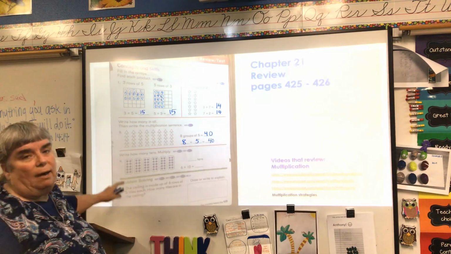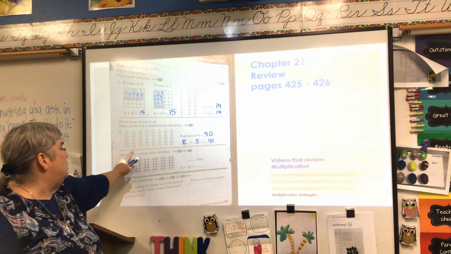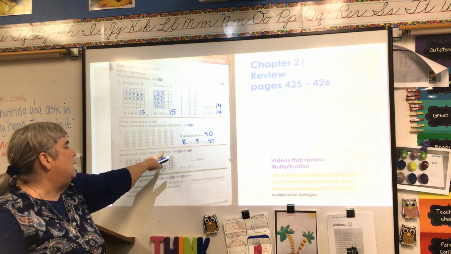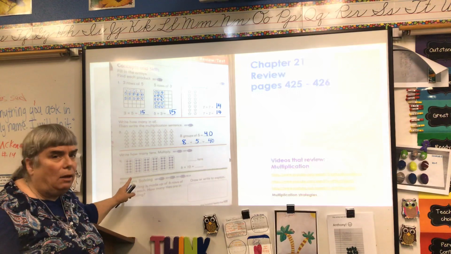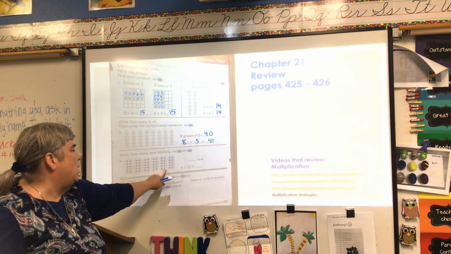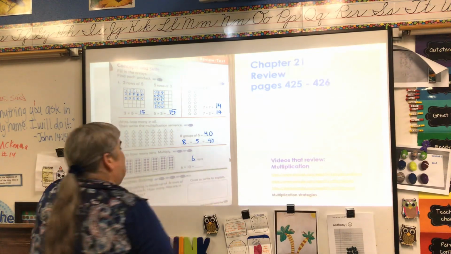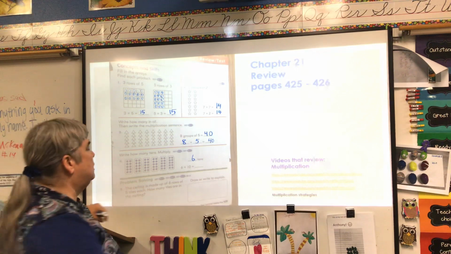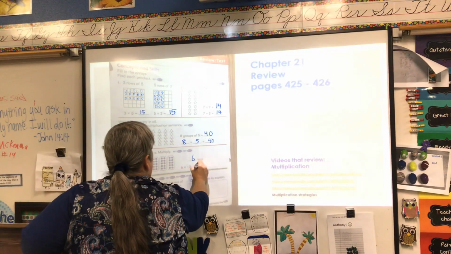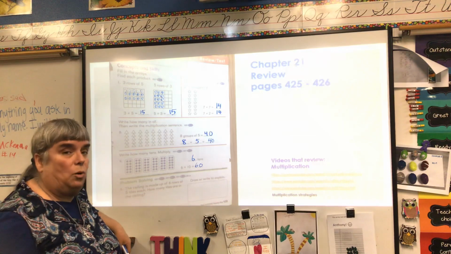And then here we have multiplication by 10. So write how many tens, and then multiply. So I'm going to count each equal group. 1, 2, 3, 4, 5, 6. So 6 sets of 10, or 6 equal groups of 10. 6 times 10, 60. The ceiling is made up of 6 rows.